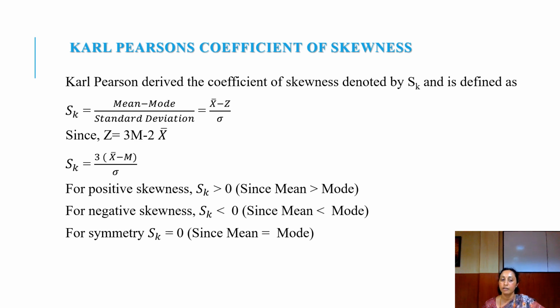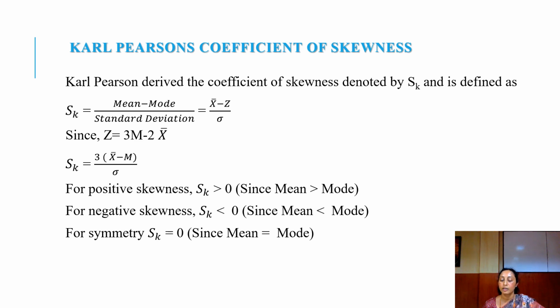Suppose we have the median value, then we can also find the Karl Pearson coefficient of skewness by using the formula skewness is equal to 3 times (x bar minus median) divided by sigma. Here x bar denotes the average, M denotes the median and sigma denotes the standard deviation.